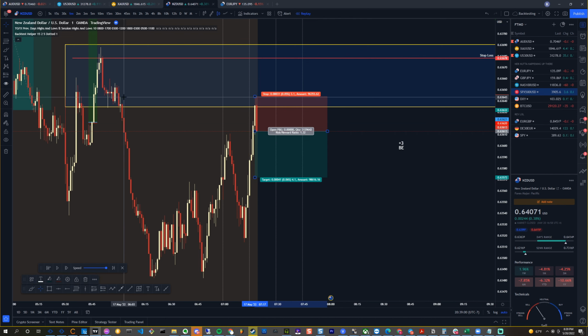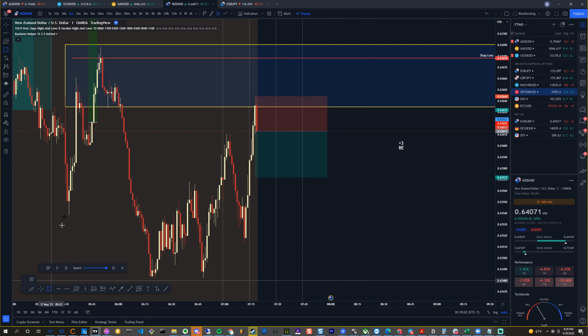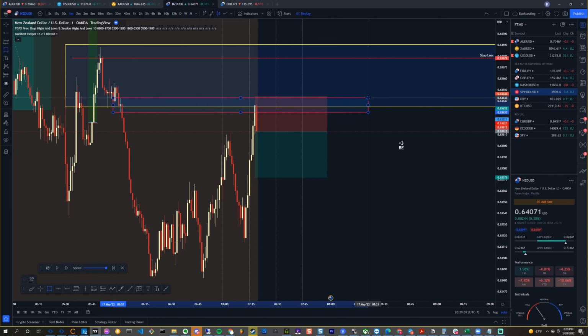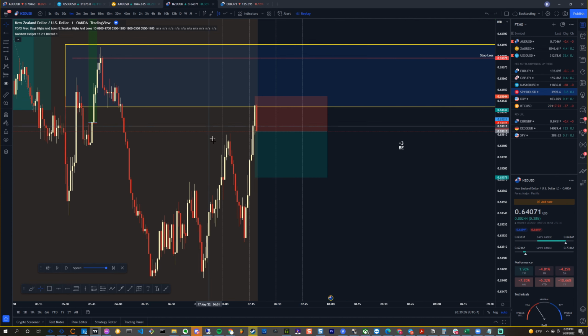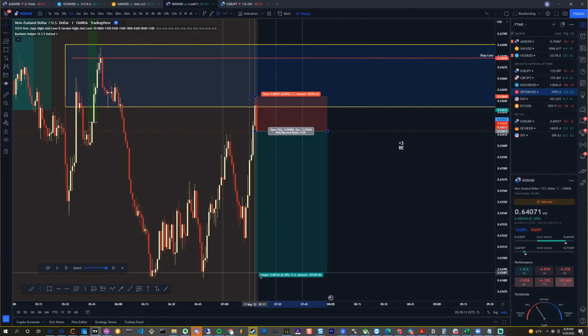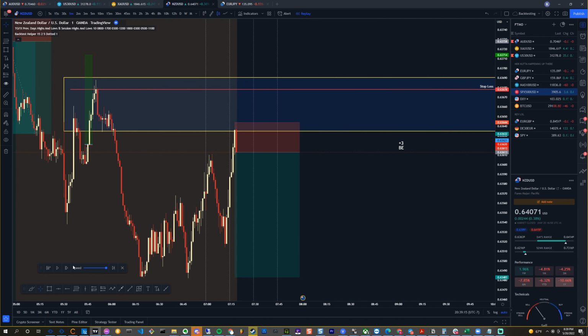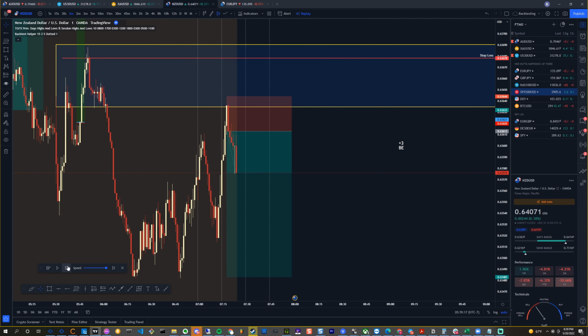And I'll put my stop loss above this area of supply, because technically that's what we're playing off of. This right here. And we'll just take 1 to 3, but maybe if price delivers us something good, we can try to trail.